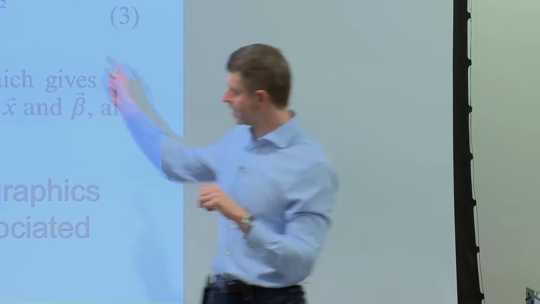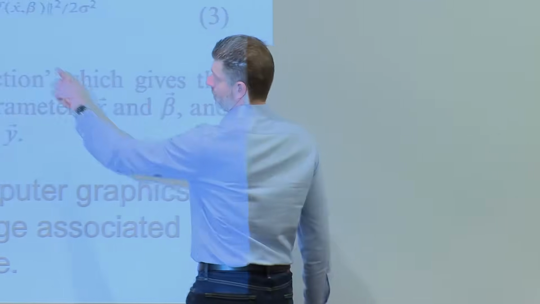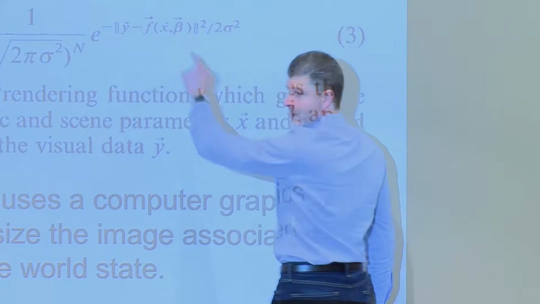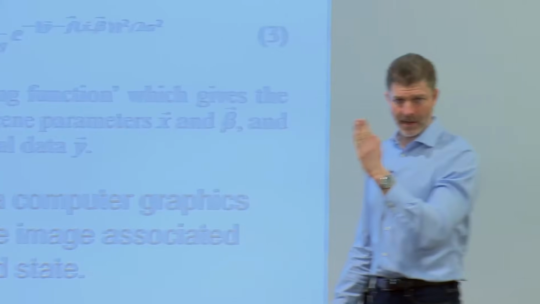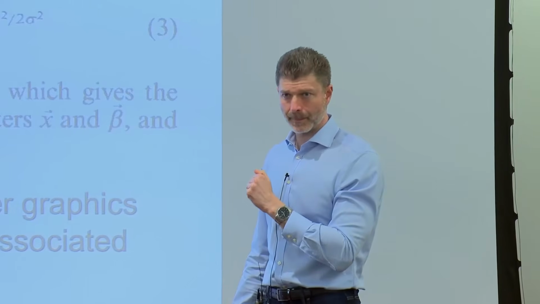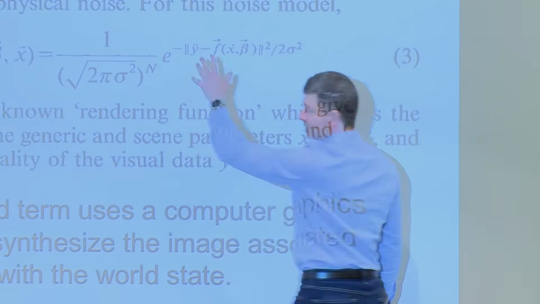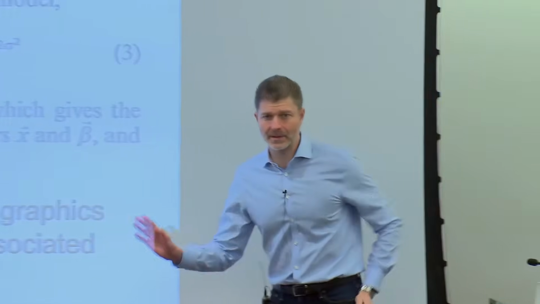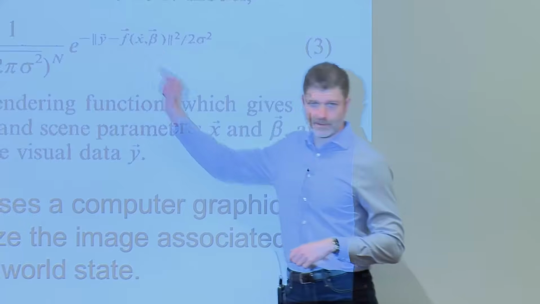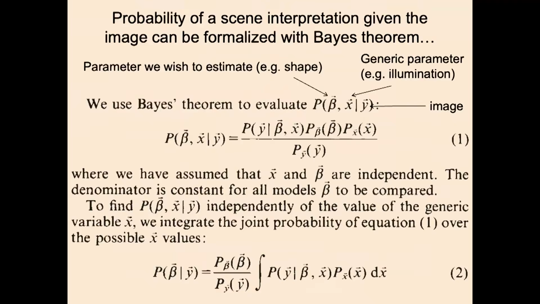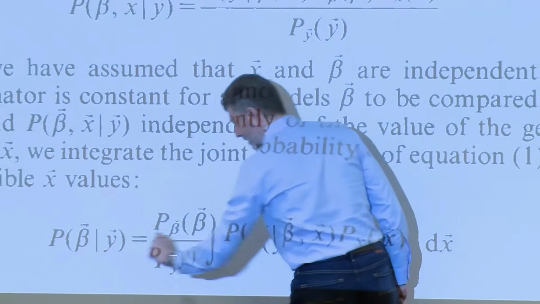This is just one example of a likelihood function. The key thing is the difference between the observed image and the rendered image that you would get for particular values of illumination and shape. The fact that this is inside a normal distribution is because we're assuming Gaussian noise in this case, but the key idea is that it's just taking a difference. So we're trying to compute the probability of a given shape, given the image.